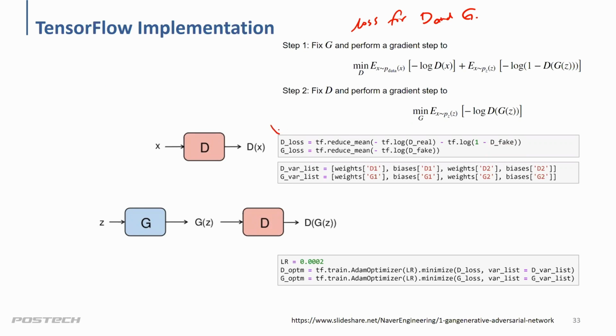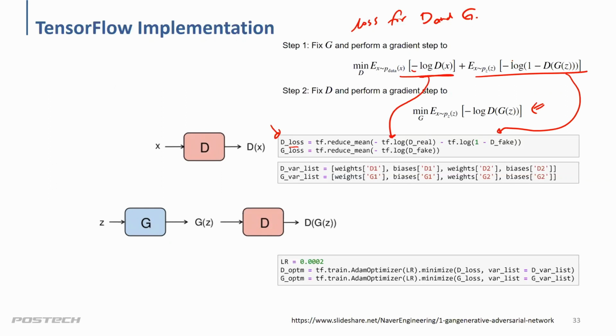For loss, we have two losses. One is for the discriminator and one for the generator. So for the discriminator, this is the objective function. And how do you get this one? Probably you have to take a look at the previous lectures or slides that I provided.